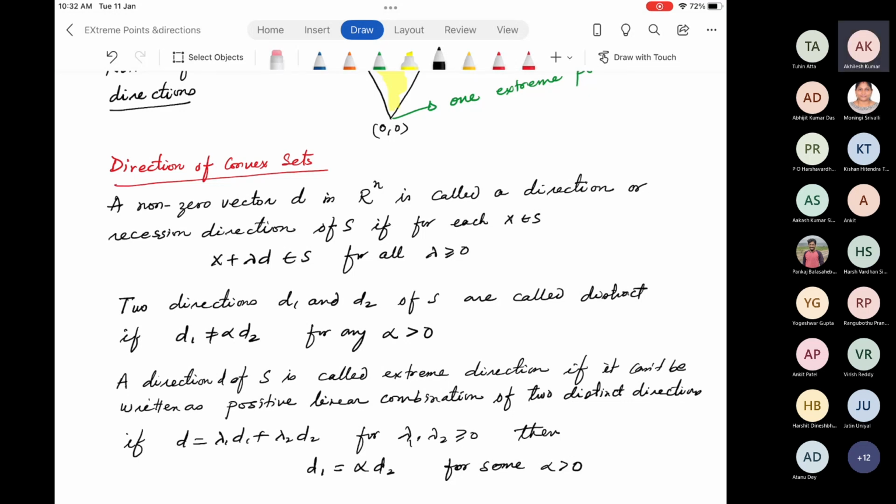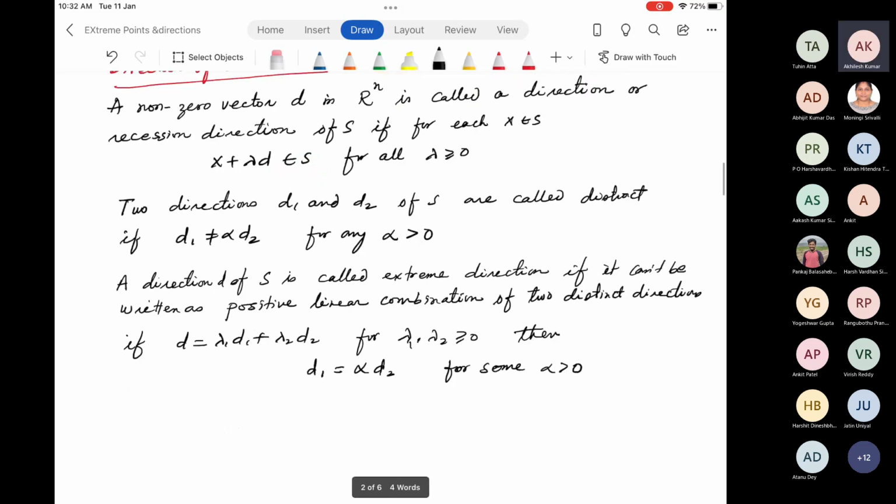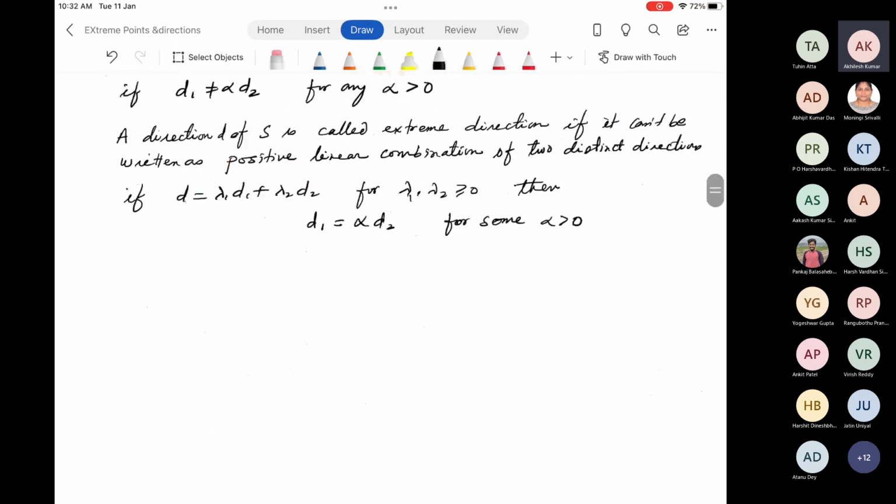Okay, anyway. So let's try to understand what the extreme directions are. I will take this example again, because we already have one. So this is my set S, for the code which we have discussed earlier. Luckily, we are at the origin in this case. Just keep in mind, whenever we talk about direction, we normalize it.